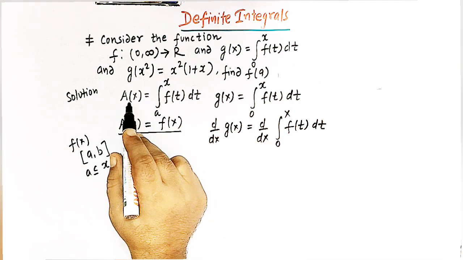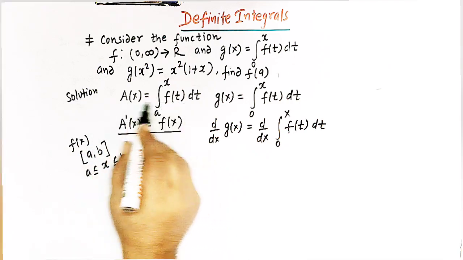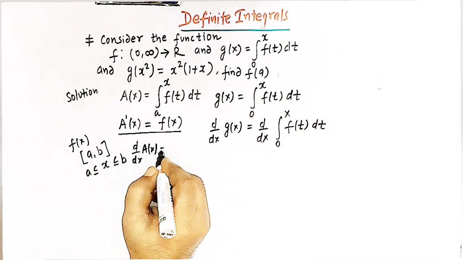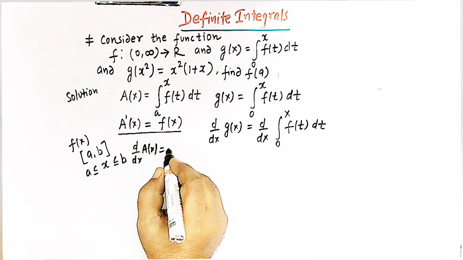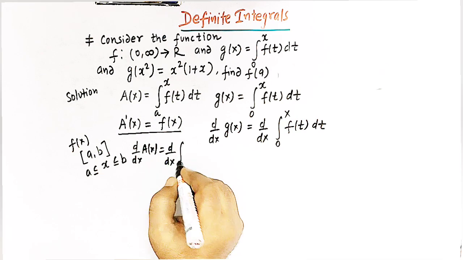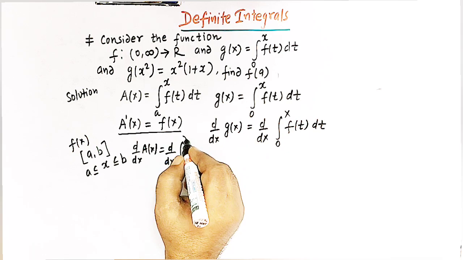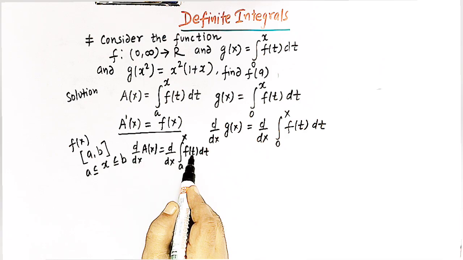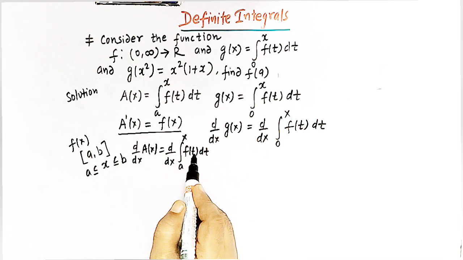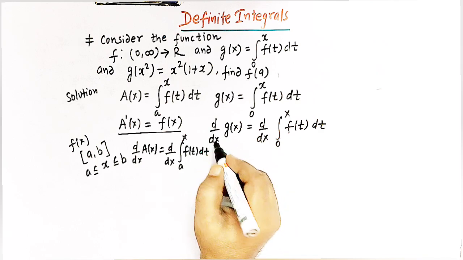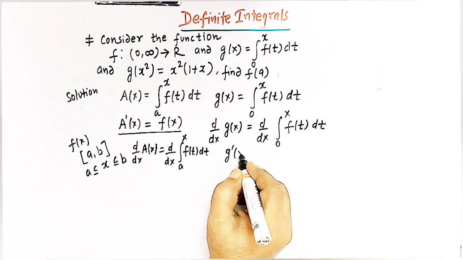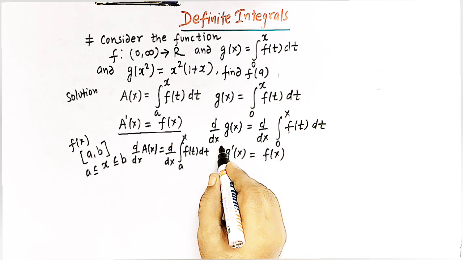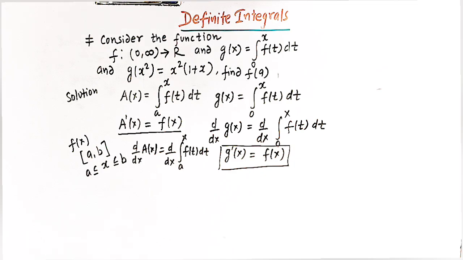We have seen that when we differentiate a of x we get a prime of x, and when we find d by dx of the integral from a to x of f of t dt, we get f of x, replacing t by x. So g prime of x is equal to f of x.